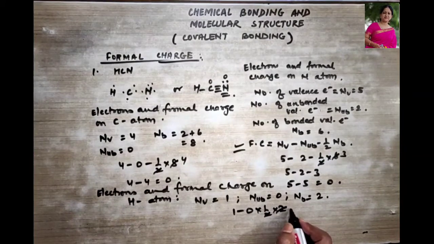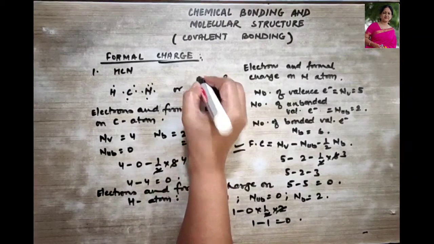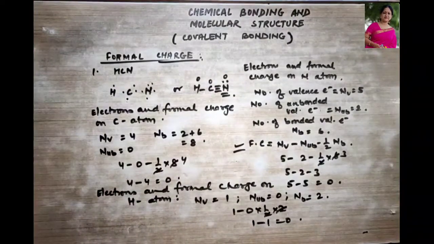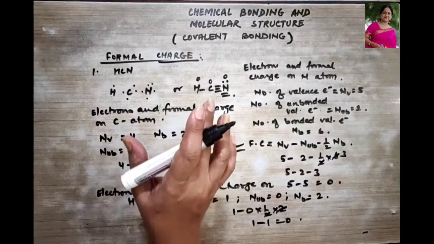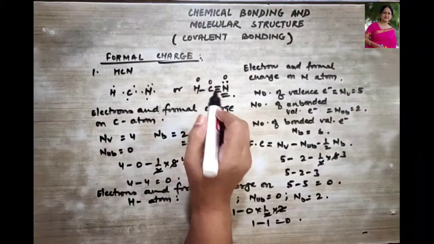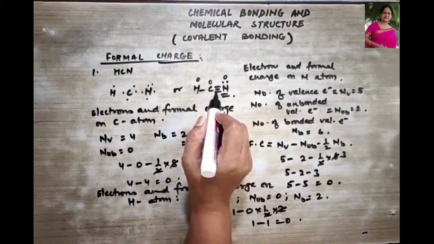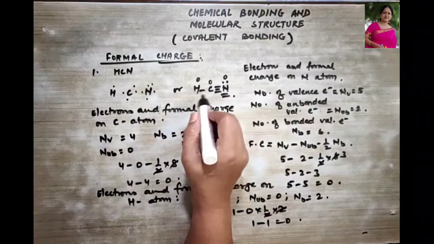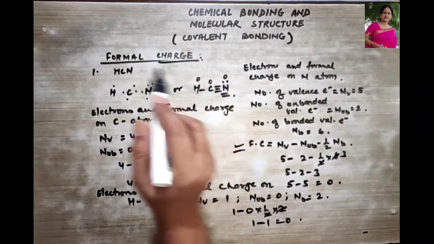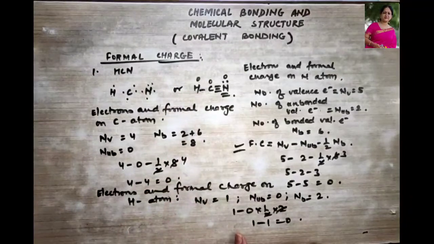So this becomes 1 minus 1, which is also equal to 0. So hydrogen also has formal charge 0. Have you understood the formal charges on each atom of HCN? It is 0. So this is how we calculate the formal charge.